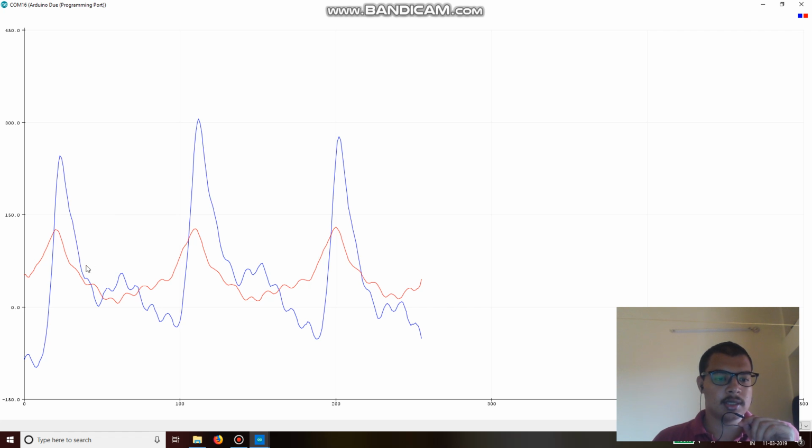As you can see, the input has high frequency noise components, and the filtered version is somewhat smoothened out. And the red signal contains the same information as the blue signal, as can be seen with the similar shape and properties of both the waveforms.